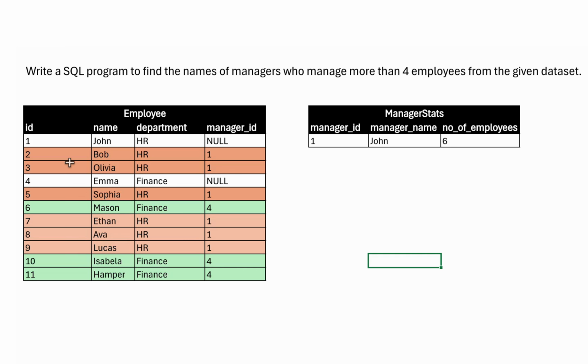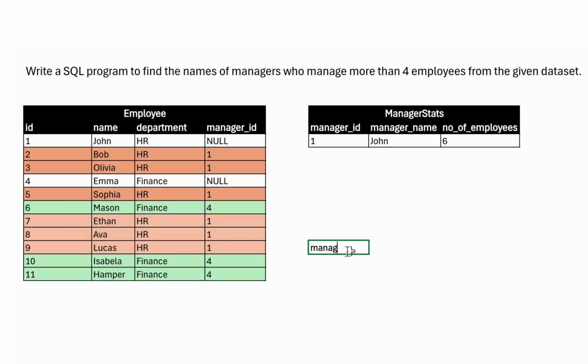Now if we count the number of employees working under manager ID 1, we have 1 record, 2 records, 3, 4, 5 and this 6th record.